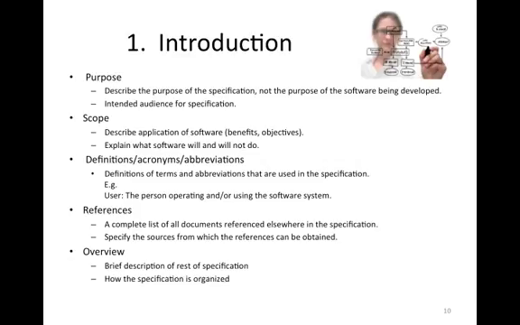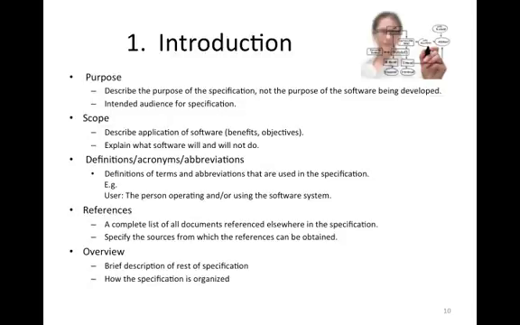The introduction describes the purpose of the specification, not the purpose of the software. But this document, your specification document, is to be used by whom in your organizations for what purpose, right? You're talking about the purpose of the specification.